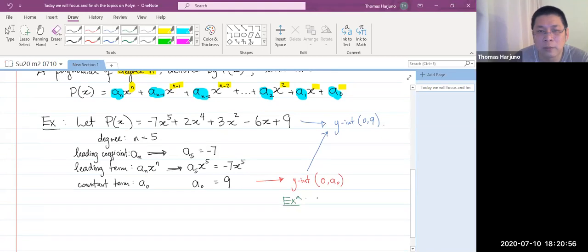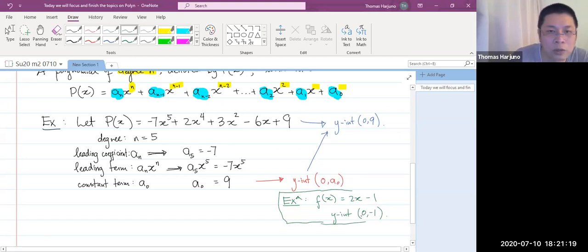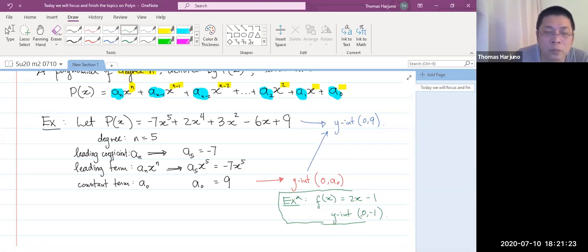A small example: if I have f(x) = 2x - 1, notice that a linear function is actually a polynomial with two terms. The y-intercept, as we have learned before, is (0, -1). So the fact that the y-intercept comes from the constant term is something we have used since last week. Nothing really new there.